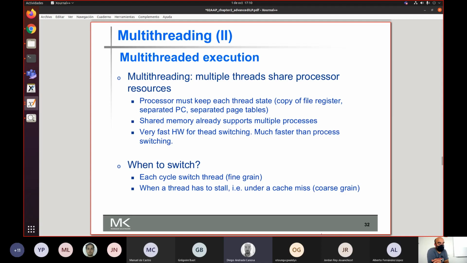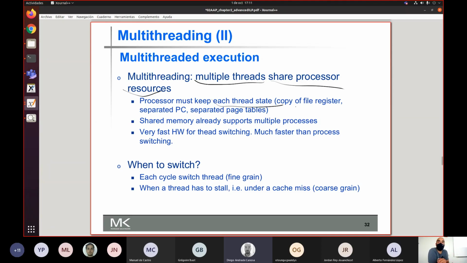The idea of multithreading in general is that you are going to have several threads running at the same time and sharing, and this is a key factor, sharing processor resources. So obviously, the processor has to keep the state of each thread somehow.